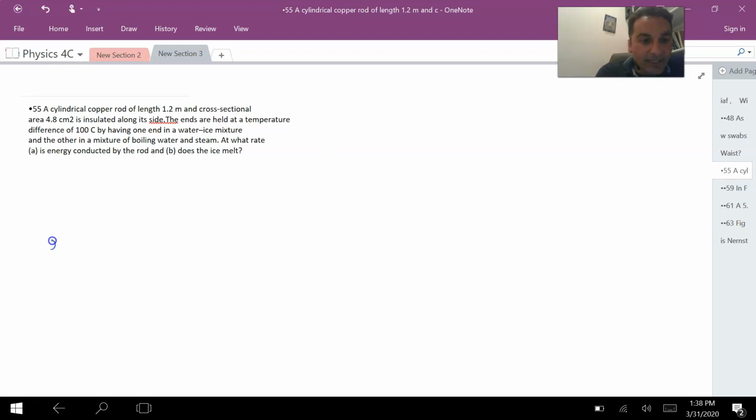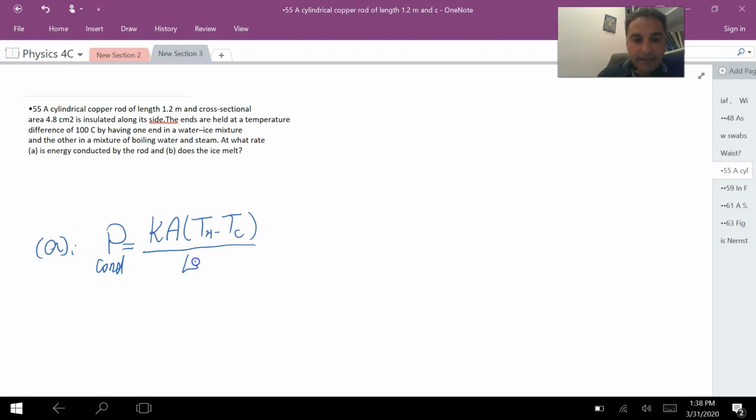So part A, it says at what rate? So you know P conduction is k A (Th minus Tc) divided by L. This will be the conduction rate. So k for copper is 401.